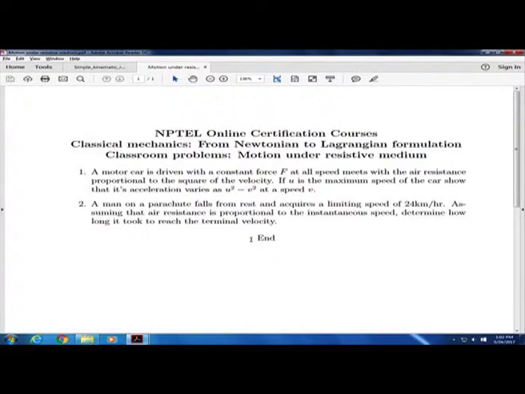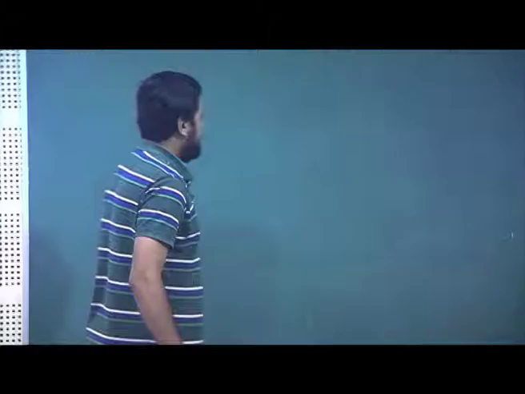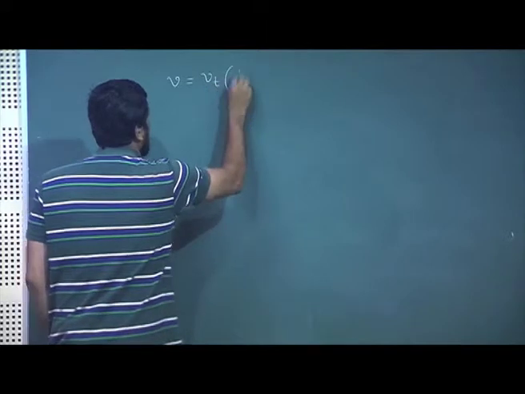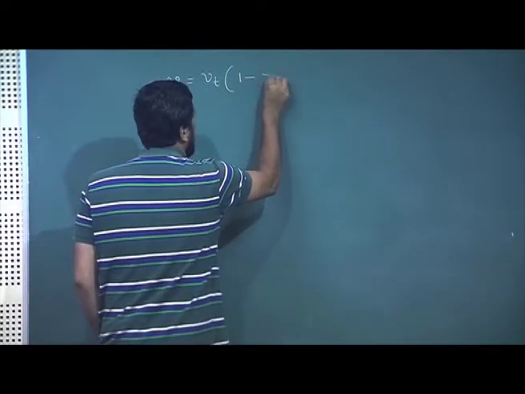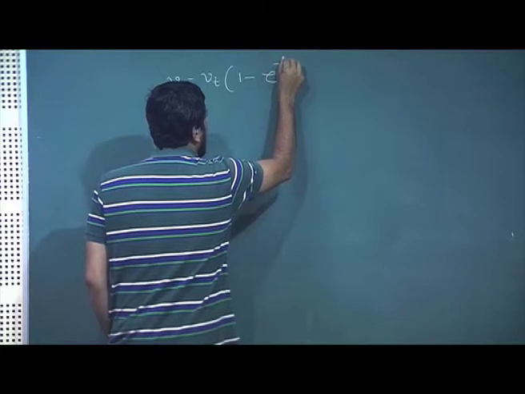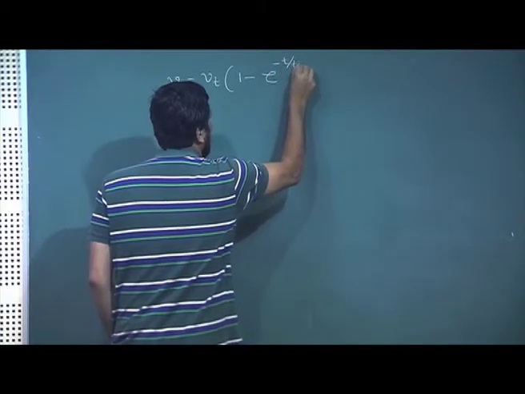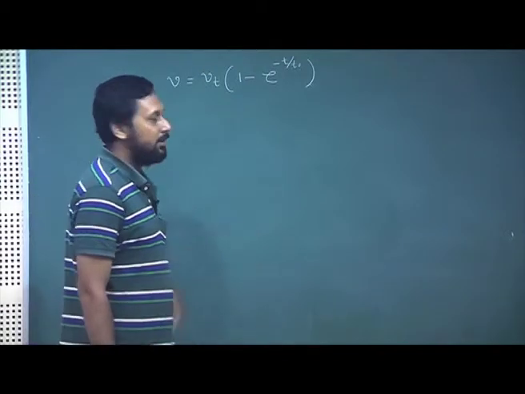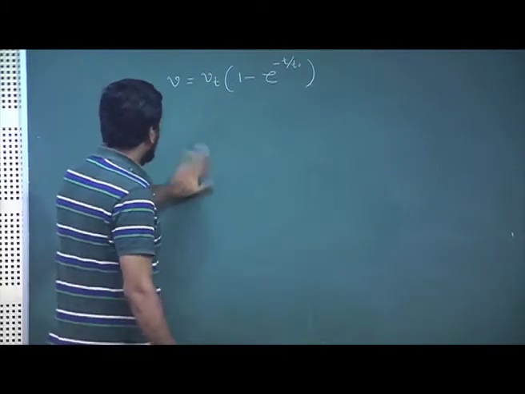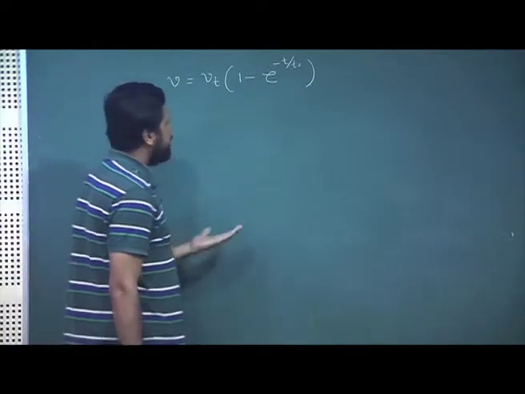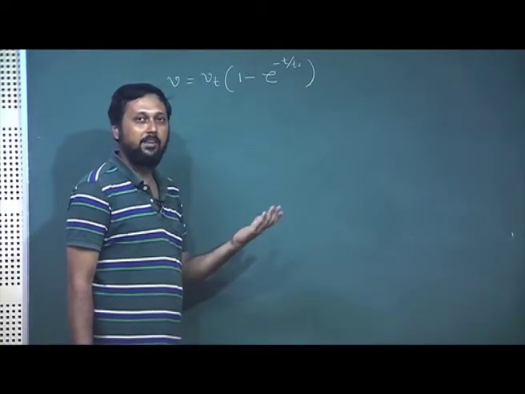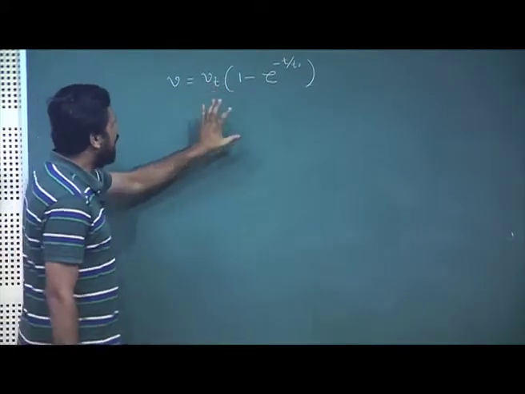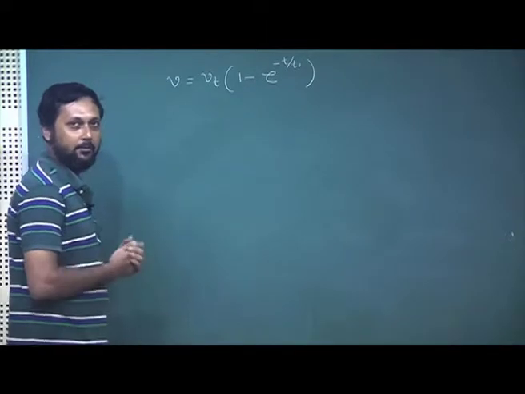In order to solve this problem, we immediately recall that v is given as Vt times 1 minus e to the power minus t by t0. That was the expression we used, irrespective of whether we took kv for the force or minus kv or minus mkv for the force. That was the final expression. Only thing is Vt and t0 will have slightly different form.